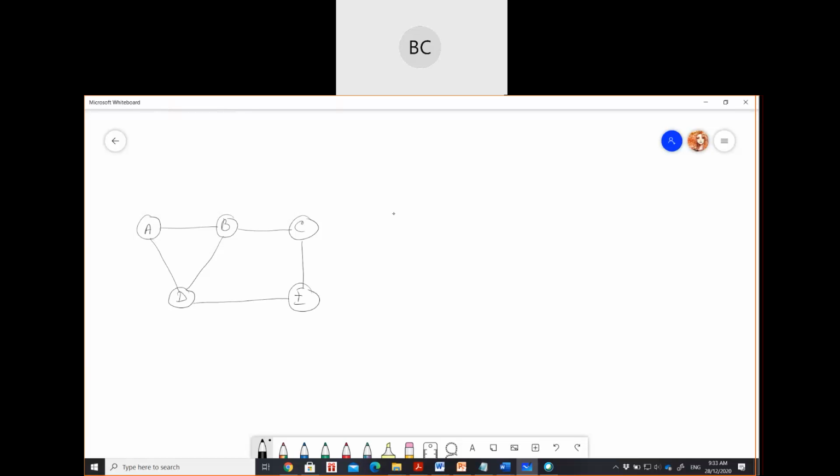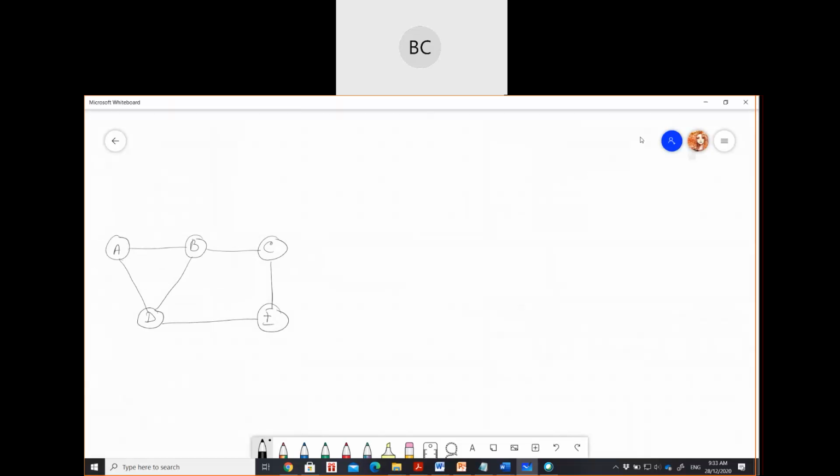Okay, so this is your graph, and you need to create the adjacency matrix. You can say graph representation. So what's the rule?